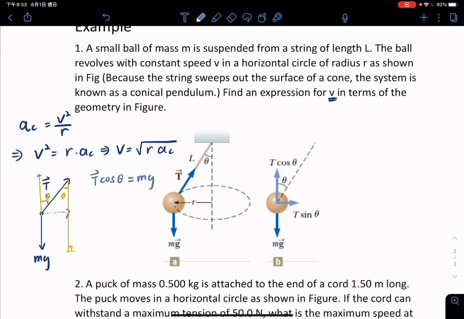Then we know the value of the string tension is equal to NG over cosine theta.